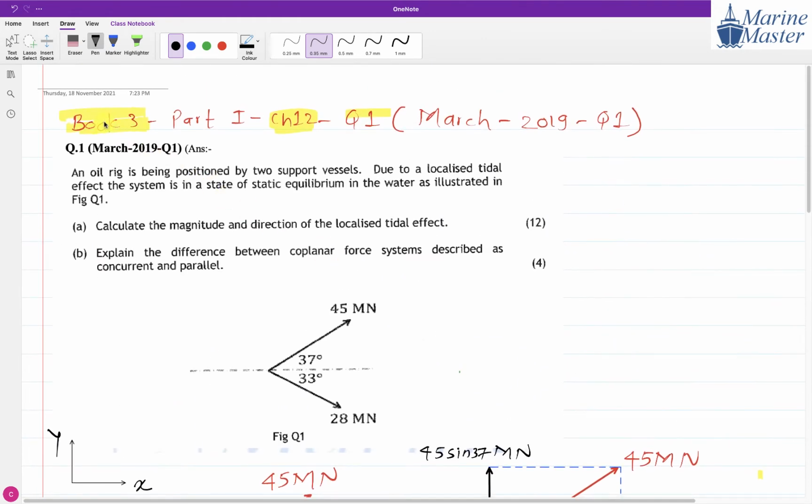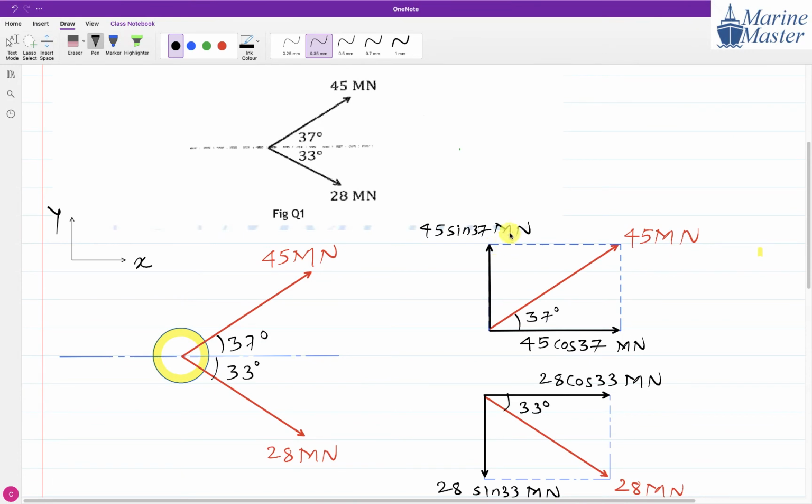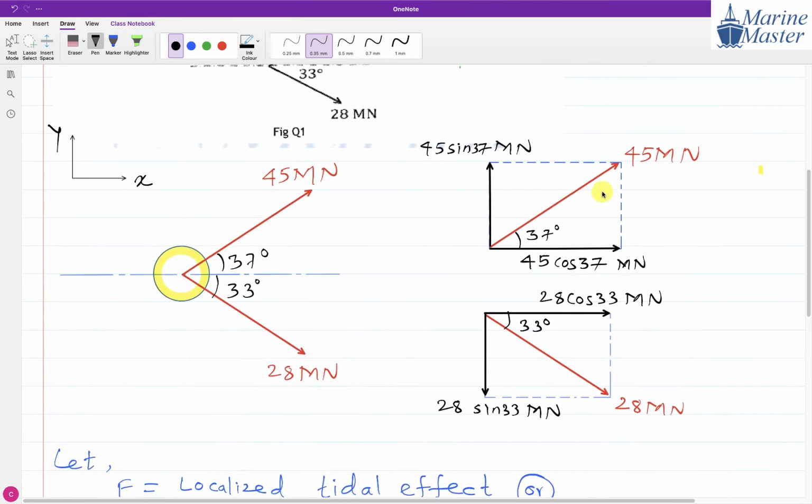You have given the heading of the question: book 3, part 1, chapter 12, question 1. And now after the heading, draw this figure properly.